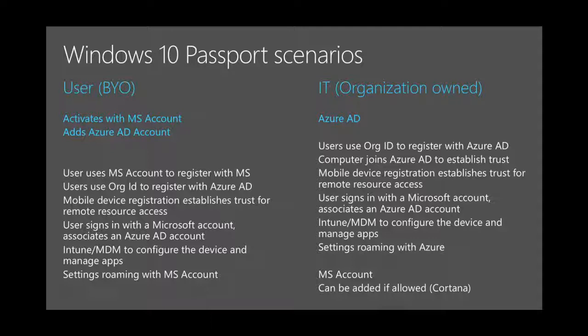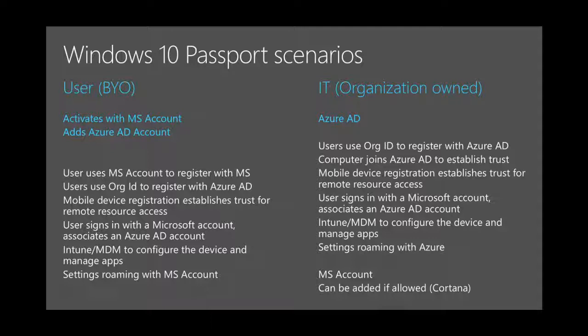The user's settings, and what I mean by settings is, what color is the start screen? How is the start screen laid out? What are the favorites in his browser? Those kinds of things will roam over the public MSA cloud for this user when it's a bring your own scenario.